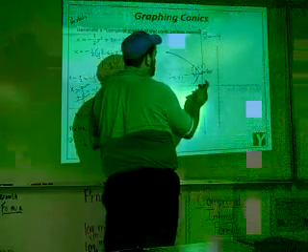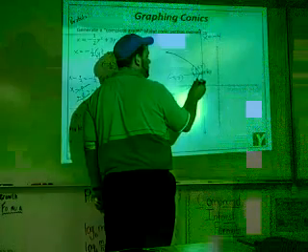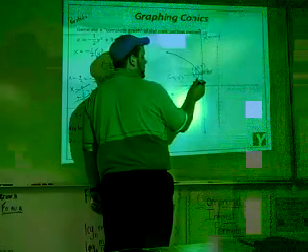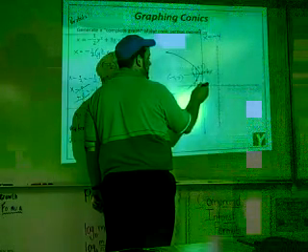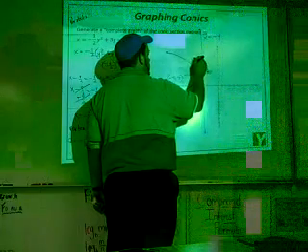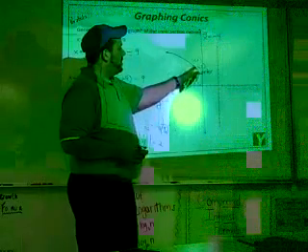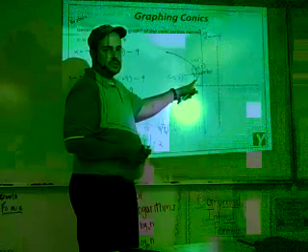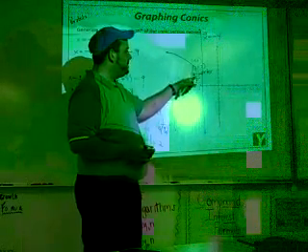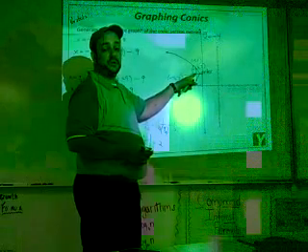I'm going to cut that in half, so if the focus is at the point negative 5, 3, then this point is going to be at negative 5, 2. This point up here will be at negative 5, 4. The line segment that connects those two is your latus rectum. The midpoint of those two is your focus.